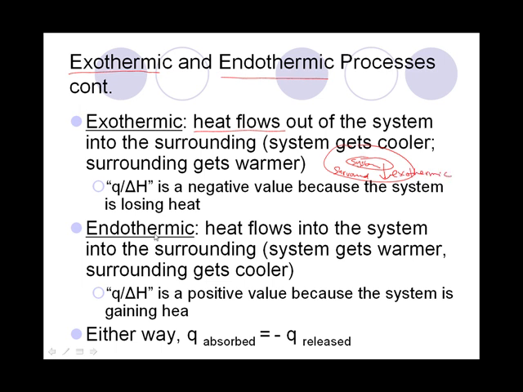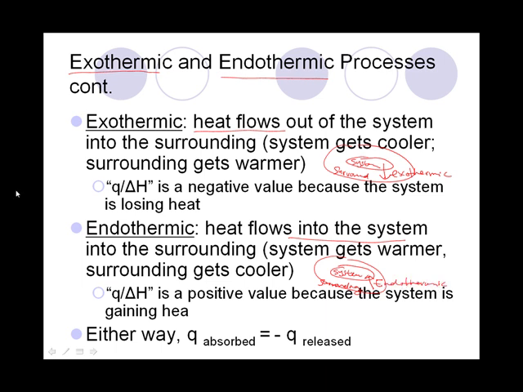Versus an endothermic process, the heat flows into the system from the surrounding. So again, energy is not created or destroyed, but it is just flowing from the surrounding to the system. And so this would be considered an endothermic process.